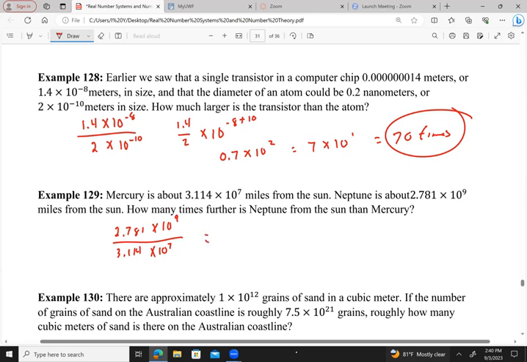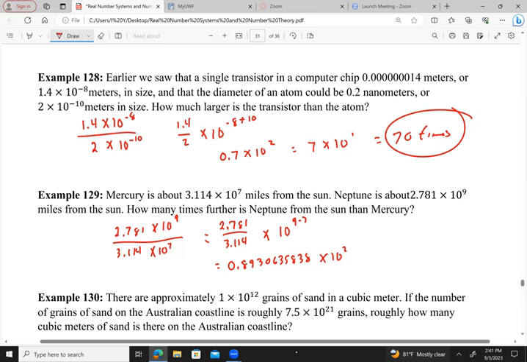So I have 2.781 divided by 3.114 times 10 to the 9 minus 7. 2.781 divided by 3.114 gives me 0.8930635838 times 10 to the second.